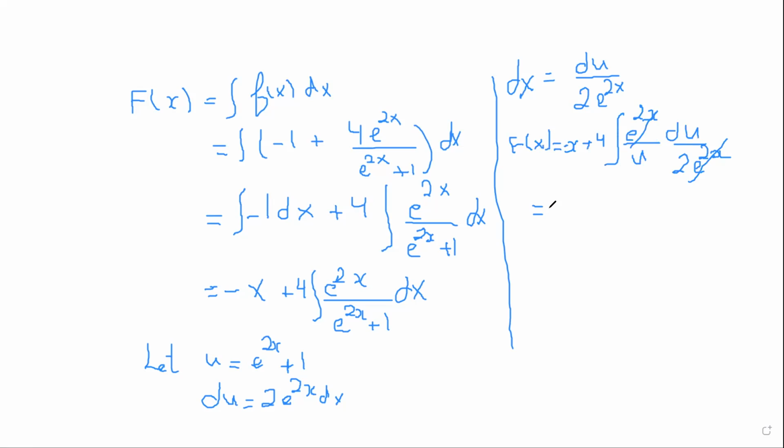It is equal to minus x, 4 and 2 remains 2, du over u. Minus x plus 2. What is the integral of 1 over u? Ln u. 2 ln u, yes. We can add plus c, equals minus x plus 2 ln. What is u?